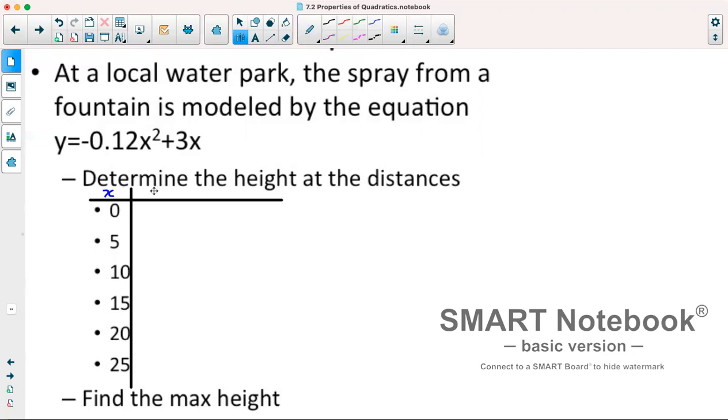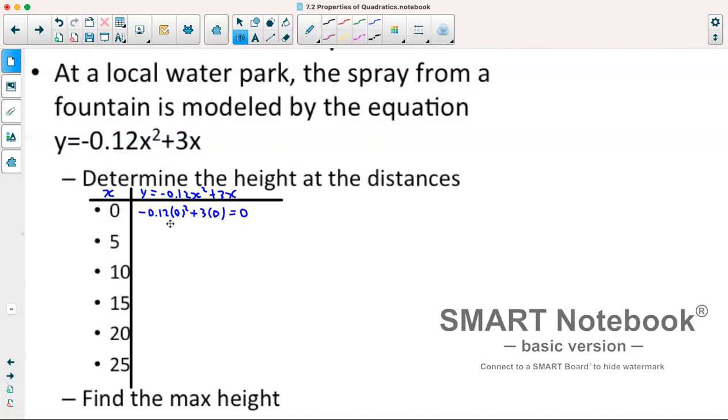So this is our x value, this is our y is equal to negative 0.12x squared plus 3x. So we'll put the values in. For this first one, we have a value of 0, so we've got negative 0.12 times 0 squared plus 3 times 0, which gives us 0.